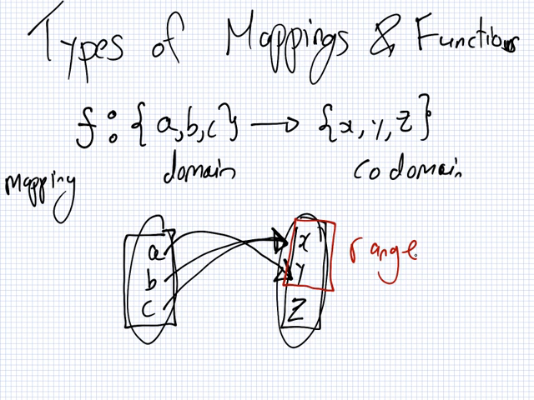The codomain are all the possibilities, but range are the exact ones. Give me a different word than exact. Is the range from X to Y? The corresponding values of the domains. Good. That is the range.